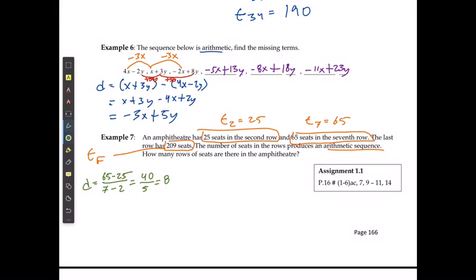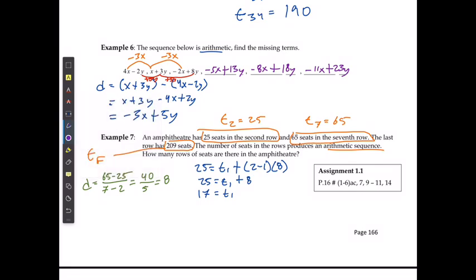I'm going to use the value of one of these terms. I'm going to use term 2 to solve for what term 1 is. And I'm going to say that the value of term 2, 25, is equal to term 1 plus 2 minus 1 times 8. Or 25 is equal to term 1 plus 8, which means that 17 is going to equal term 1.